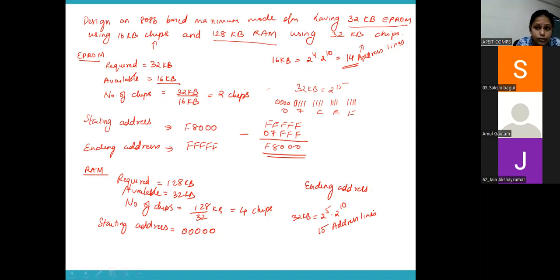So 14 address lines means, which are the 14 address lines? It is going to be A1 to A15. Okay. Not A0 to A14. Why not A0 to A14? Because A0 has some other job, I have told you. What is the job of A0?